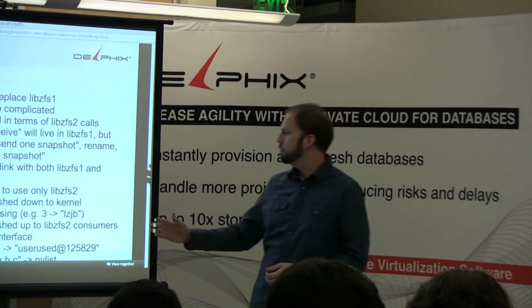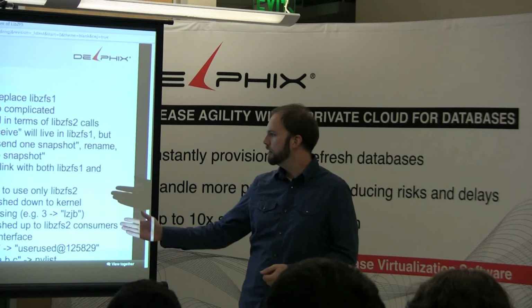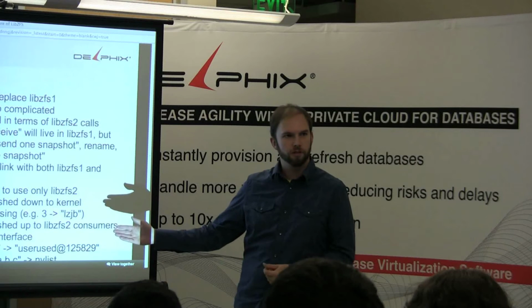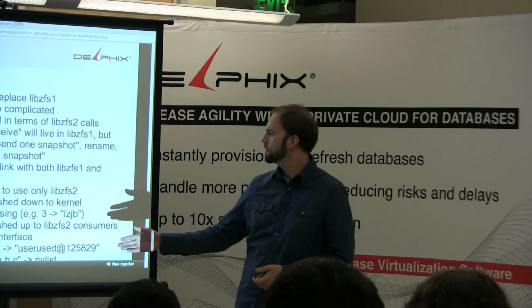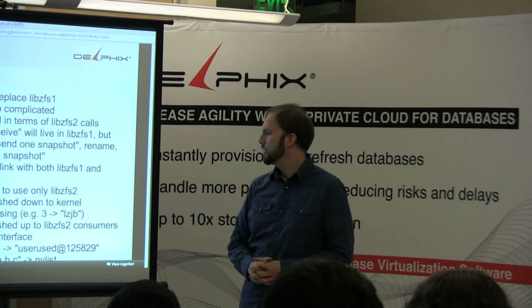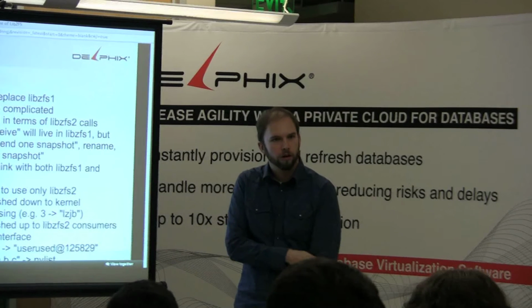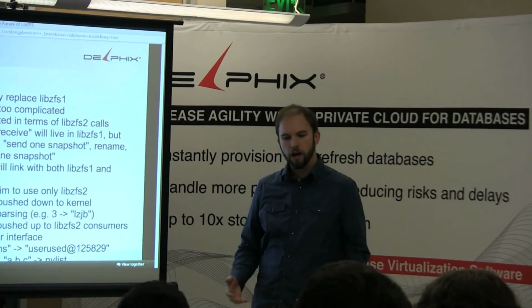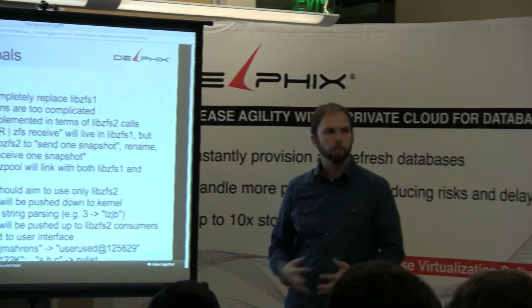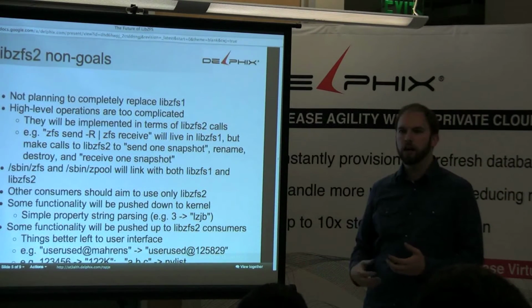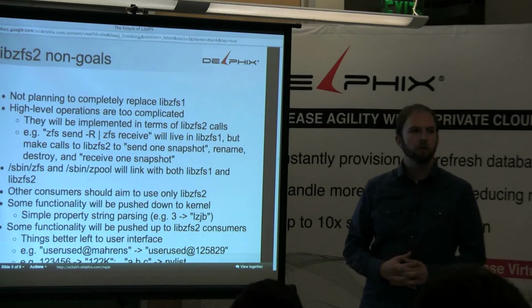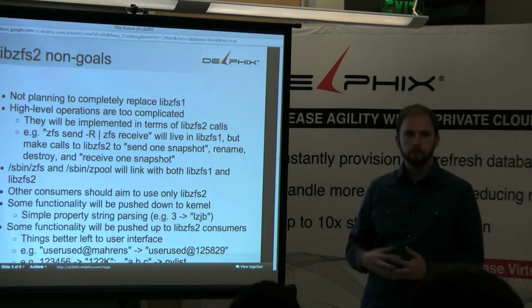Because of the simplistic goals for libZFS 2, some of the functionality is going to be pushed down into the kernel. So for example, some simple string parsing. Right now, libZFS 1 communicates about both property names and property value names in terms of enum values.